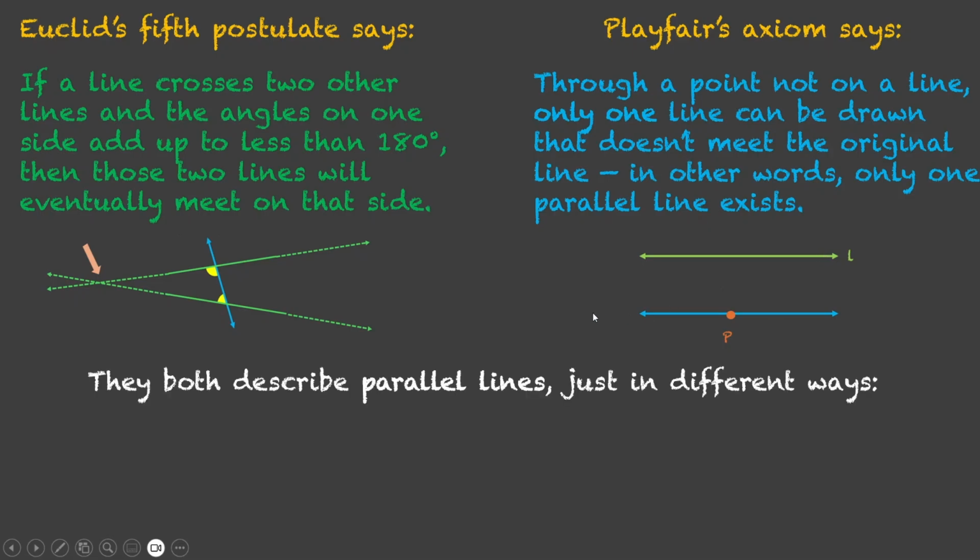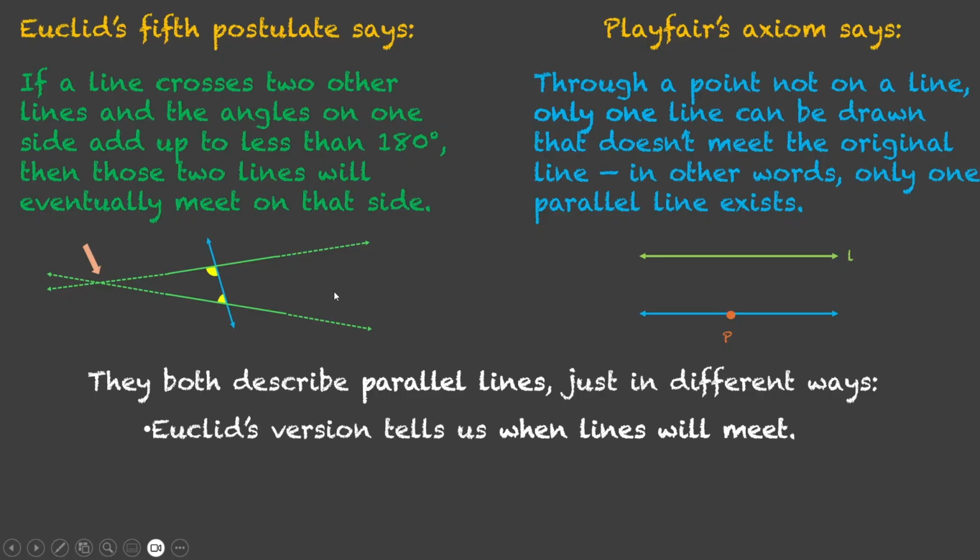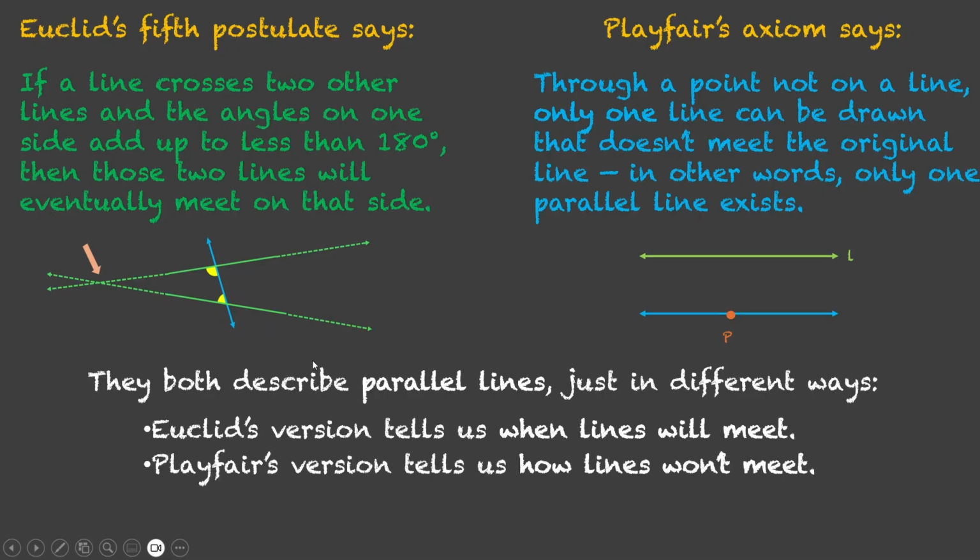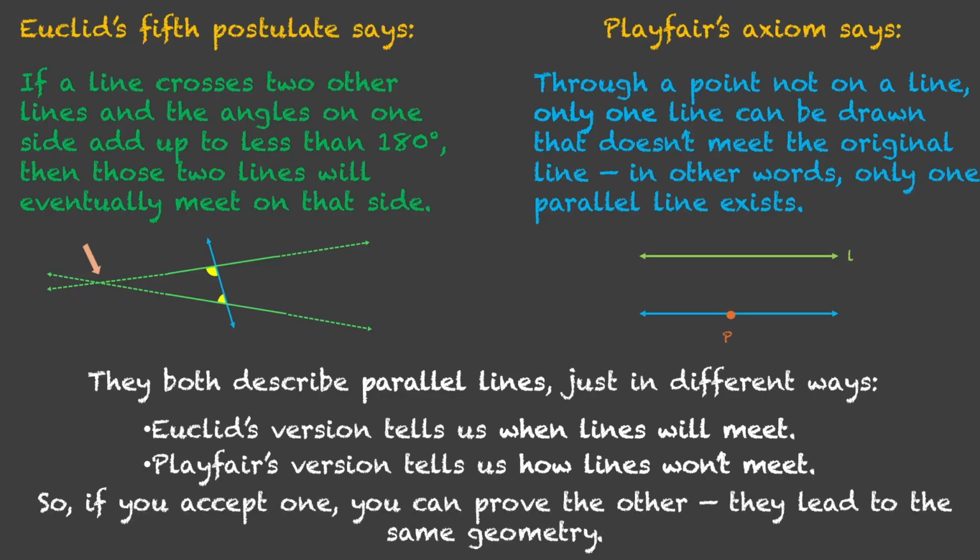Now, both of them are describing parallel lines just in different ways. Euclid's version is telling us when lines will meet, or when they will be intersecting, or when they will be not parallel. And Playfair's version tells us how lines won't meet, again, when they will be parallel. So if you just accept one, you can prove the other. They are leading to the same geometry.